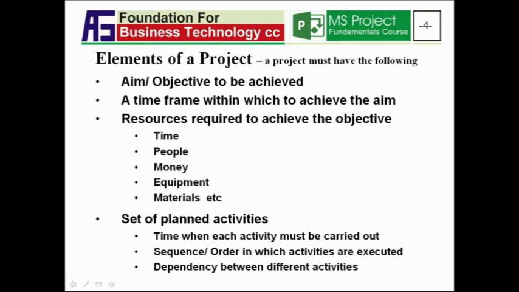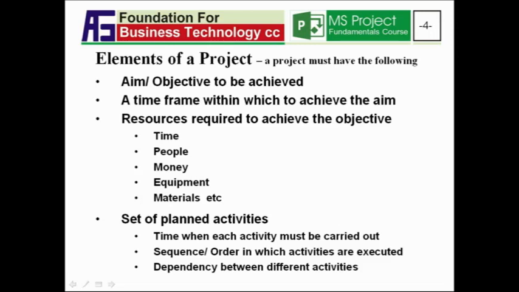These terms refer to the end game or the main objective or goal that needs to be achieved. That goal now gives the project its name. Secondly, a project needs a time frame within which to achieve that aim or that objective.